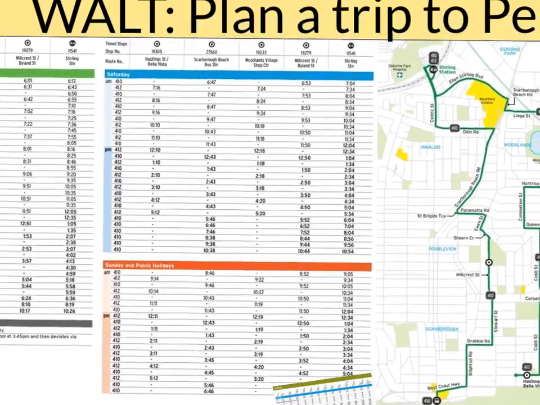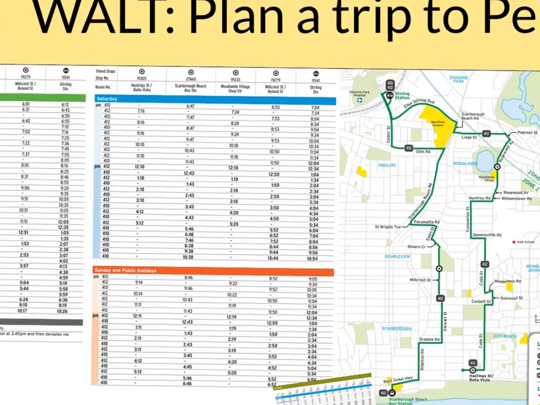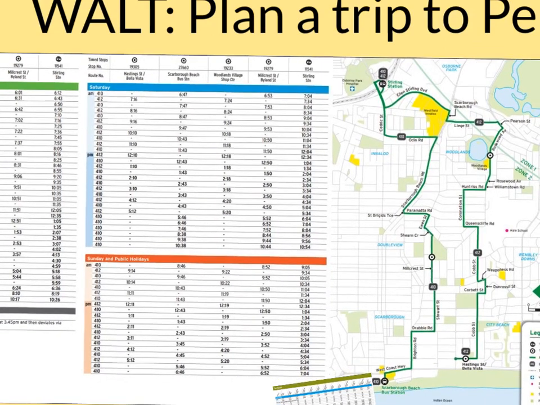We're going to have a look at Saturday here and make sure we know exactly what we're looking at. Okay, so you can see again the targets. Target, target, target, and target. So we know that this target, for example, Woodlands Village Shopping Centre, relates to this target here. So they are the same target, and these times are where you will see the 412 bus.